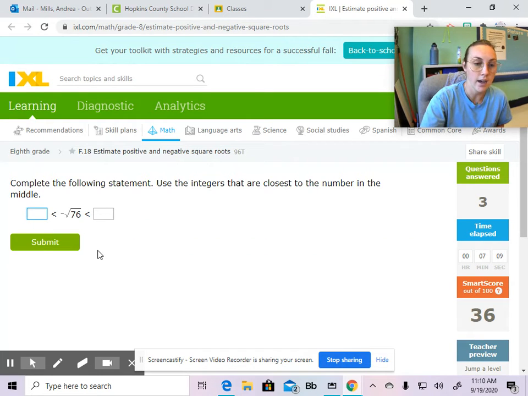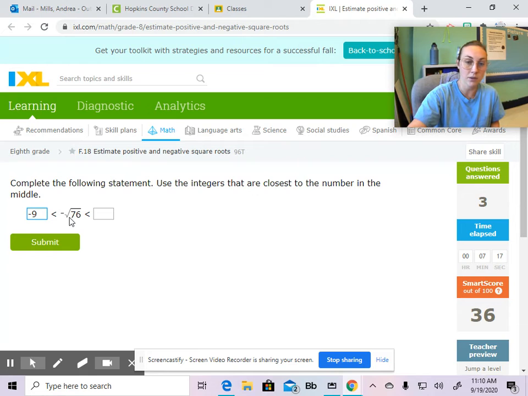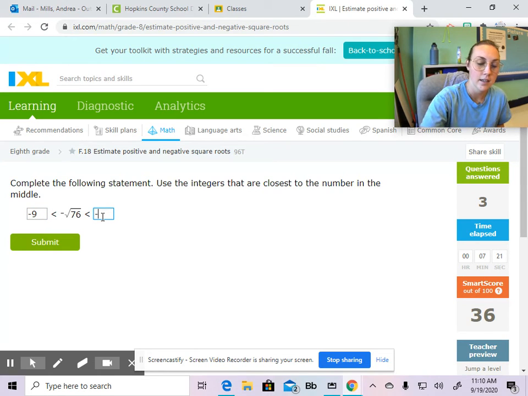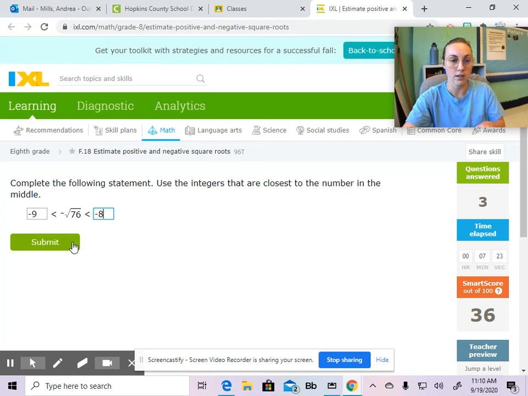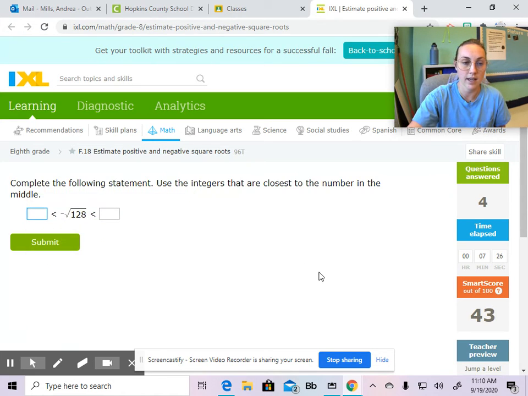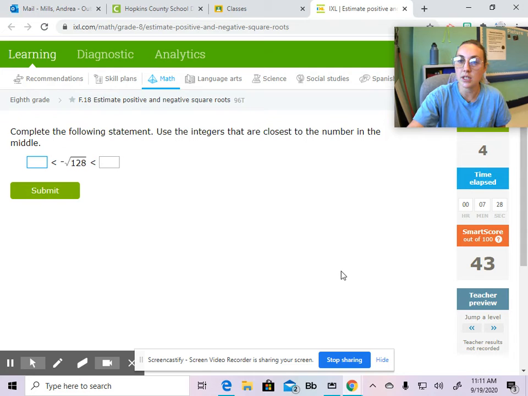So we can put negative 9 is less than the negative square root of 76. Remember, it's opposite for negative numbers. And negative 8 would be greater than, and we can click that. If y'all have any questions about that, please contact me and we will get it together.